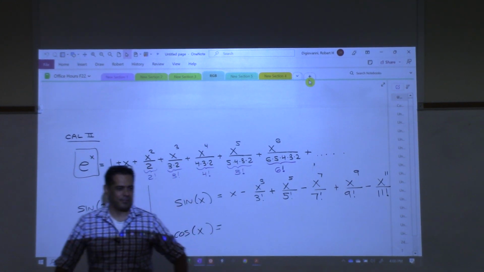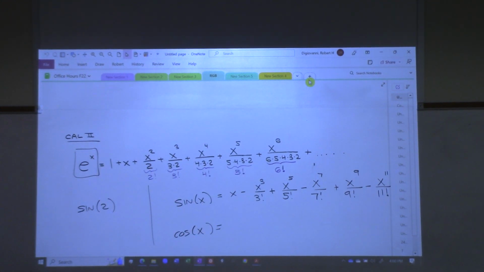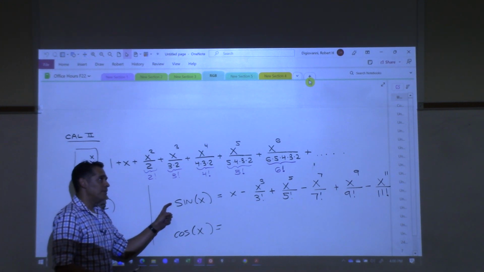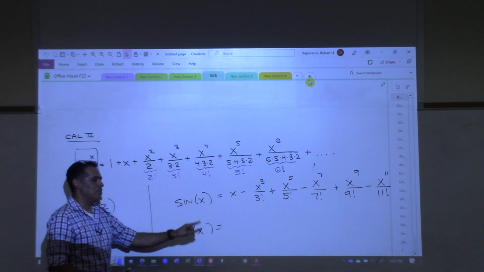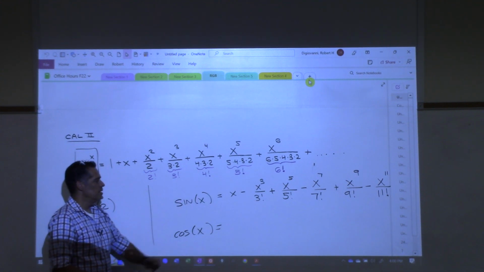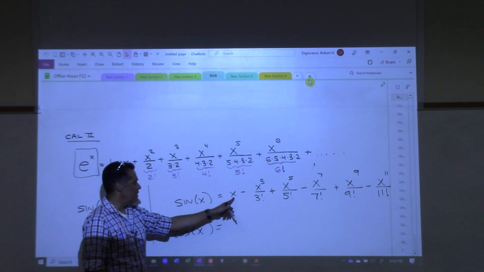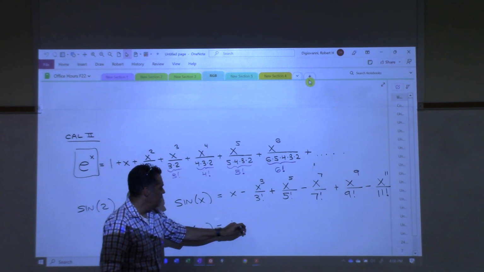So this is actually the beauty of power series. Do we know what the derivative of sine is? Cosine. So the derivative of that should be the cosine series. Differentiate this. What's the derivative of that? 1. Okay. Minus.